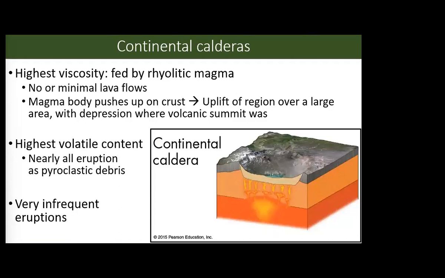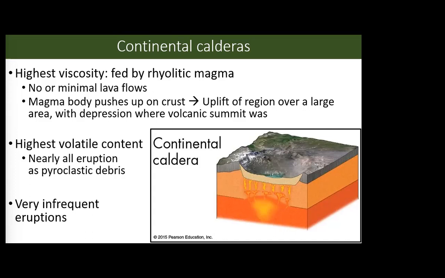So for these, we have our highest viscosities because we have so much felsic and rhyolitic magma, where we have the biggest amount of silicon content. We don't get a lot of lava flows, but we get more volatiles, so we get very, very explosive eruptions. So these just build up a lot of pressure because of the combination of high volatiles and high viscosity because of the silicon.